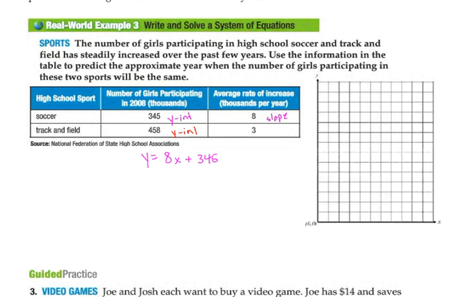Track and field, I'm still going to use these as my y-intercepts and my slopes. But this is 3 per year, and we started with 458. Notice how this is going to be a little bit more difficult to use this graph. So we are going to use the graphing calculator. Not even going to try this.